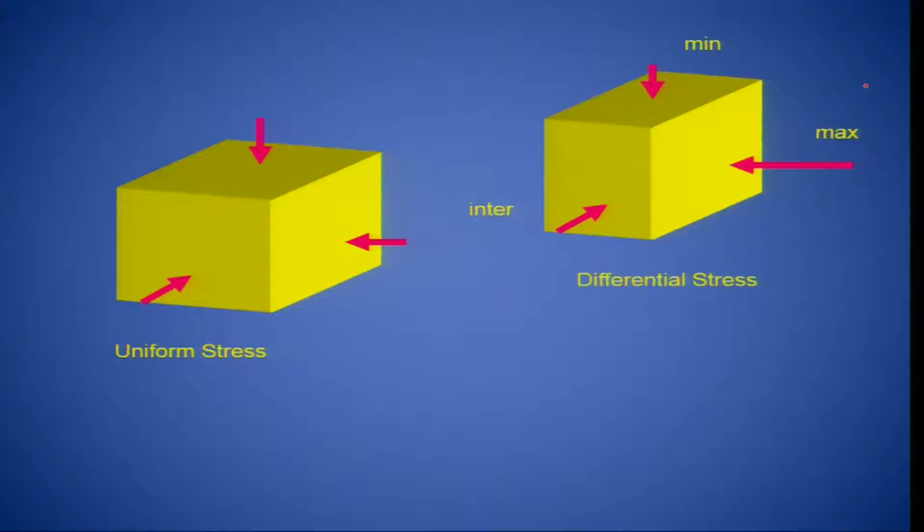So, if you take sigma 1, sigma 2, sigma 3, then we have directional stress. This is your sigma 1, this could be your sigma 2, and this is your sigma 3. So, you have different stresses, and depending on the maximum, you will have that pattern of deformation or faulting.